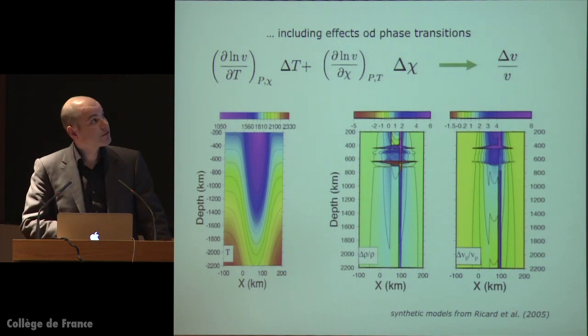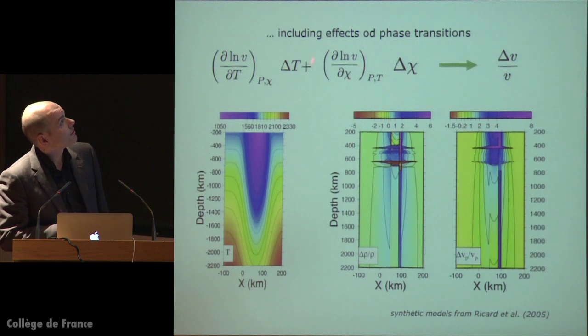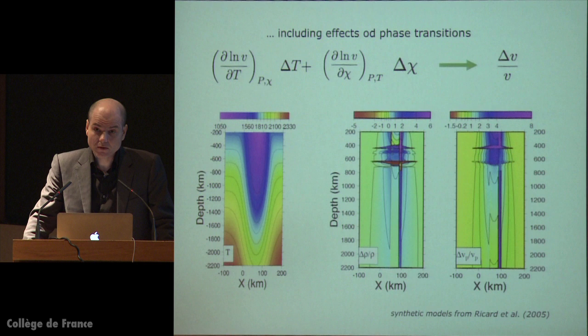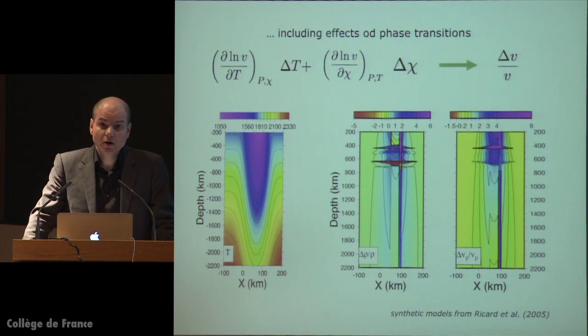But in this case, these partial derivatives were taking into account the phase changes that are taking place at different pressures and temperatures in the mantle.